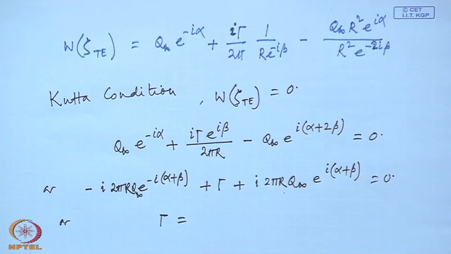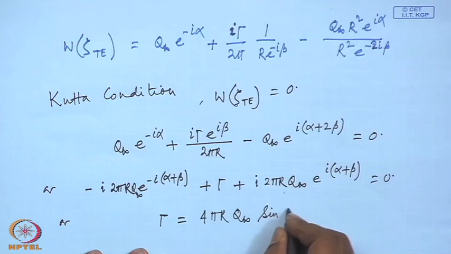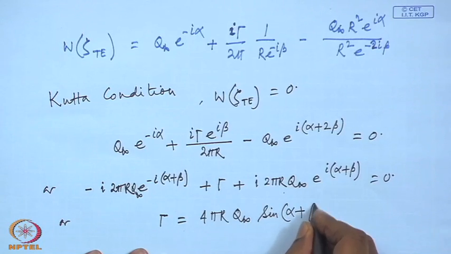First of all, you must remember that this gamma must have a real value. It will not have a complex value. And since these are multiplied by i, the sine will give the real part. So, this is 4 pi r q infinity sin alpha plus beta.